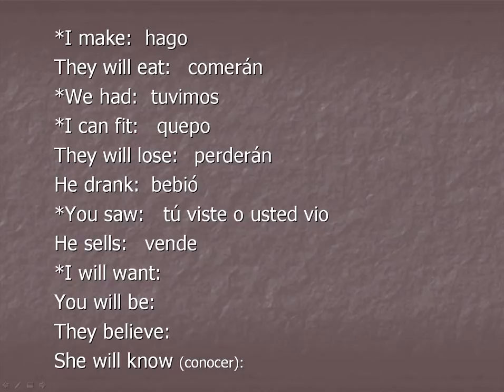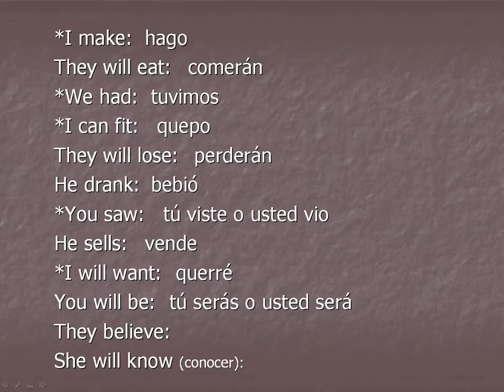I will want. Yo querré. You will be. Tú serás o usted será. They believe. Ellos creen. She will know.